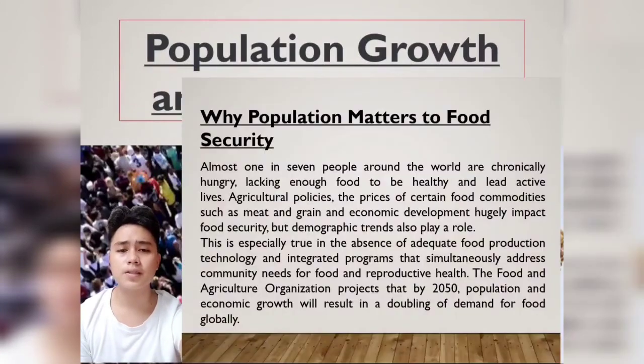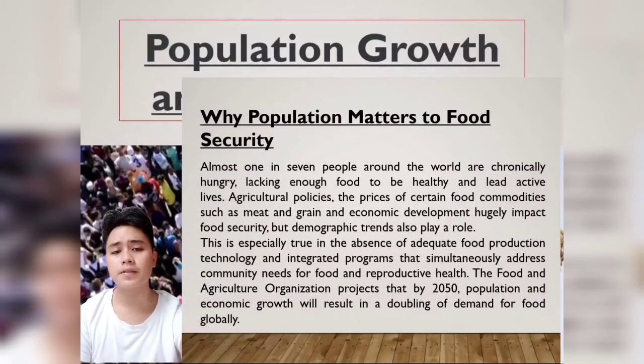So, why does population matter to food security? Almost 1 in 7 people around the world are chronically hungry, lacking enough food to be healthy and lead active lives. Agricultural policies, the price of certain food commodities such as meat and grain, and economic development hugely impact food security.